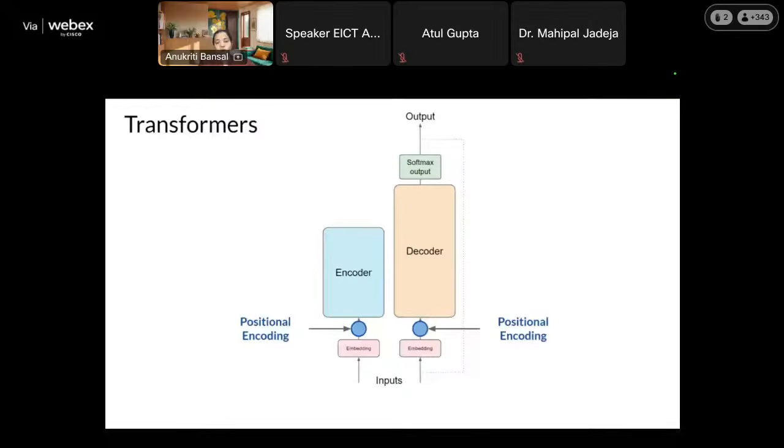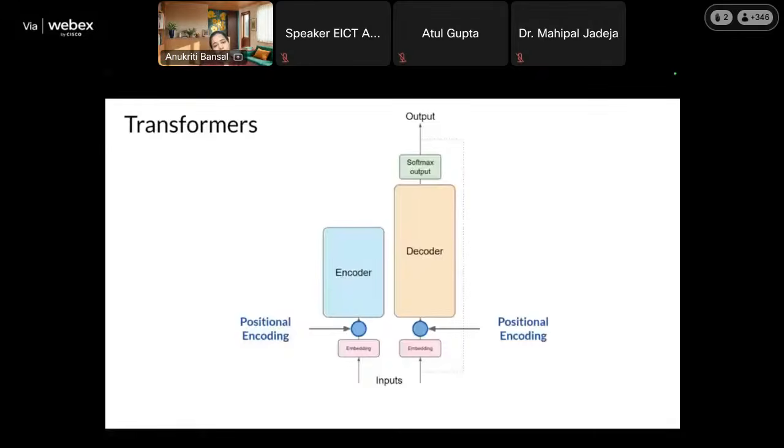Now one of the core ideas, or the major contributions of transformer architecture, was that they are highly parallelized. Each word can be processed in a parallel approach.